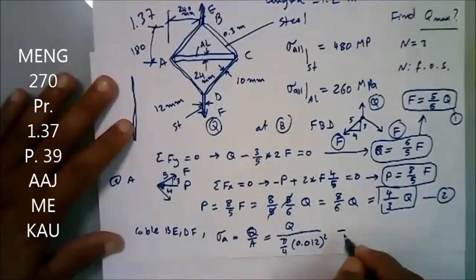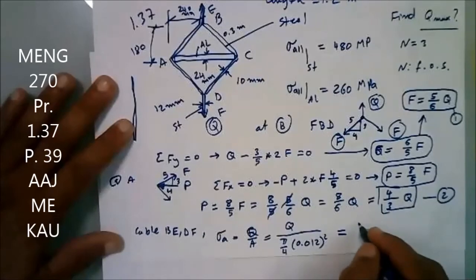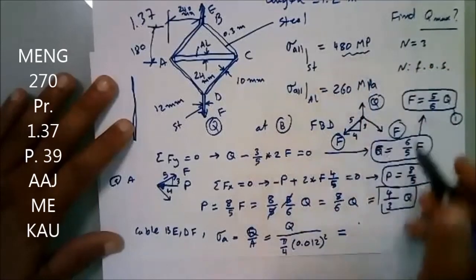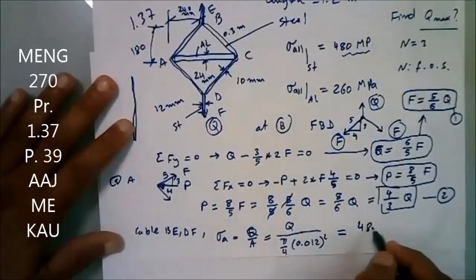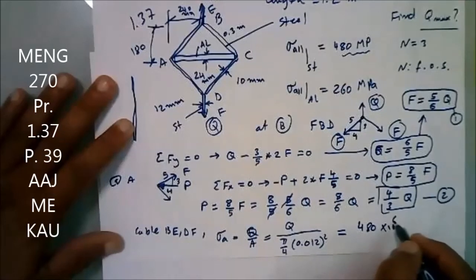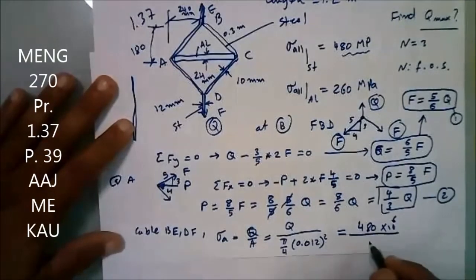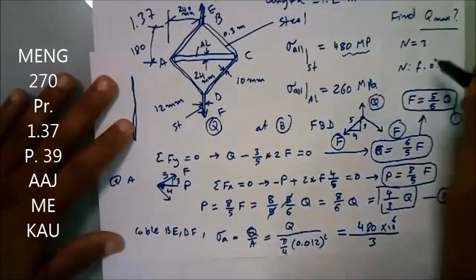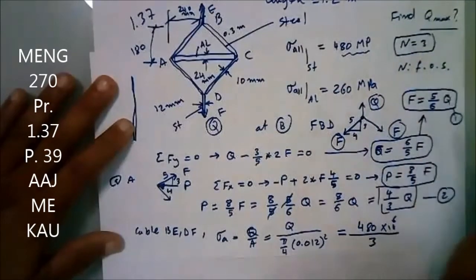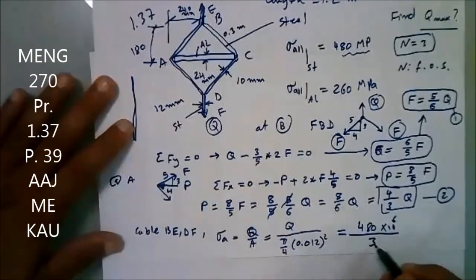This is equal to 480, which is the allowable strength, 480 times 10 to the power 6, but we divide by the factor of safety, which is this n. So we divide by 3.